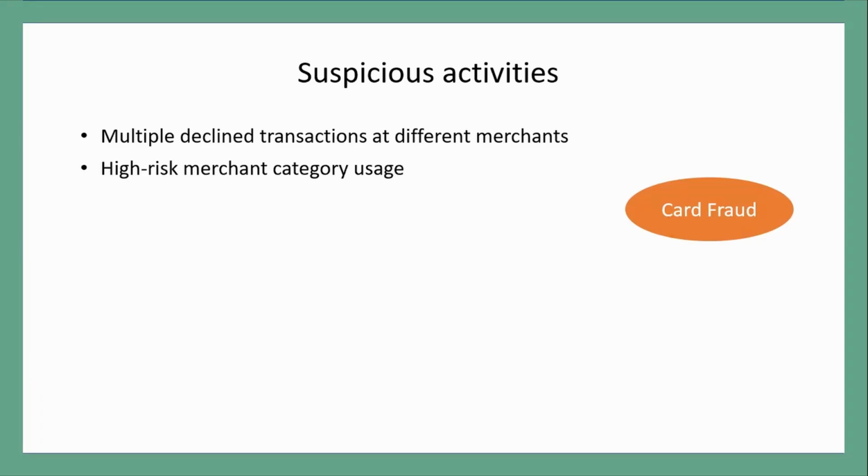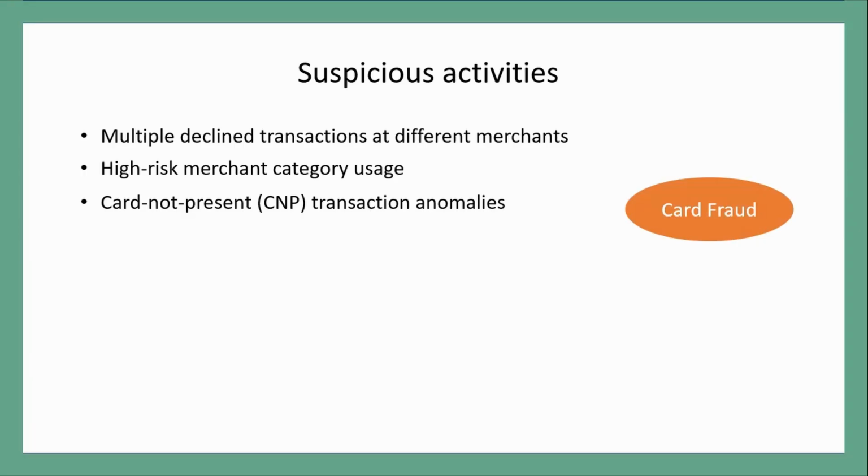Second could be high risk merchant category use. The payment transfer is happening to high risk merchant. That is suspicious. Third is card not present transaction anomalies. So many transactions can be done using card where you don't need physical card.